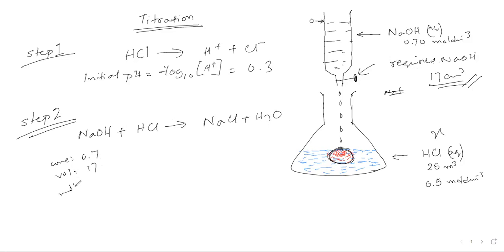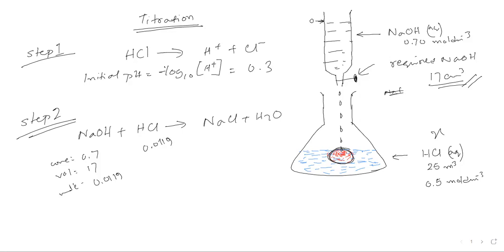So mole will be 0.7 into 17 divided by 1000, which is 0.0119. Now, after doing the molar ratio, we would get it's 1:1, so HCl is also 0.0119.